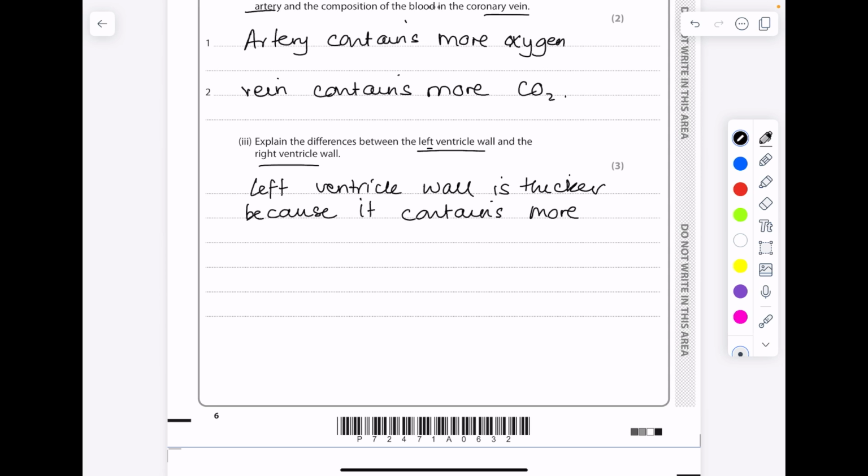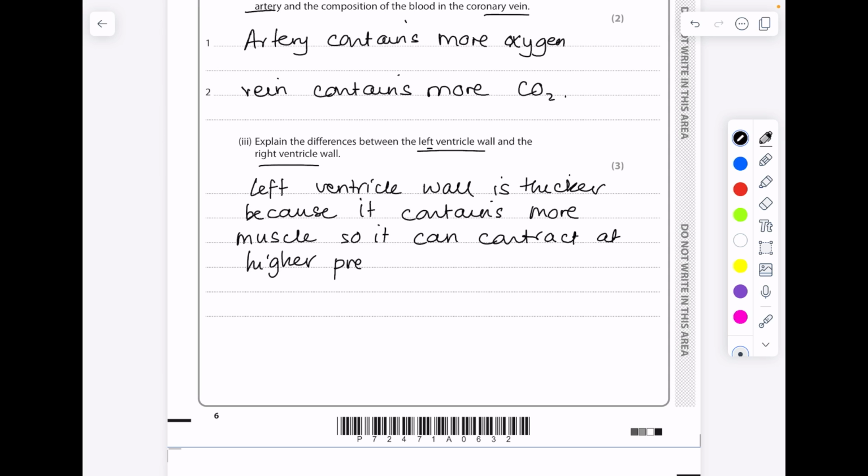And it needs more muscle so it can contract at higher pressure. And it needs to contract at higher pressure to force the blood all around the body, as opposed to the right ventricle wall, which just forces blood to the lungs, which is much closer.